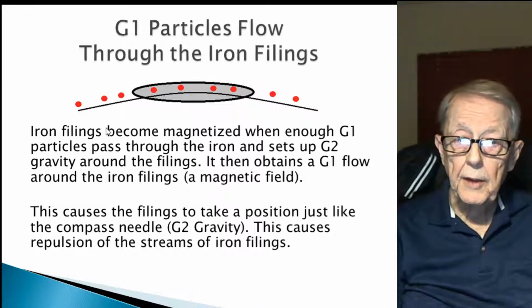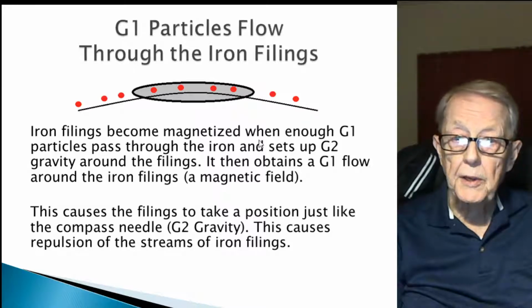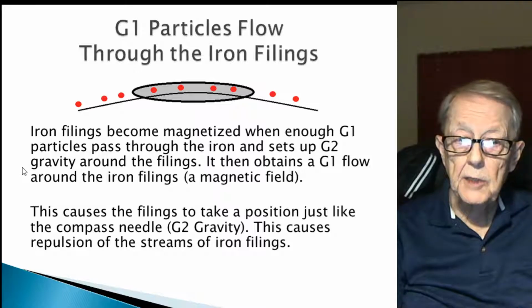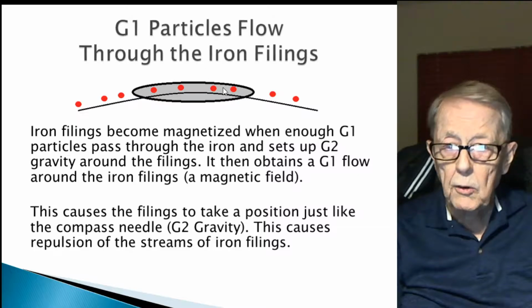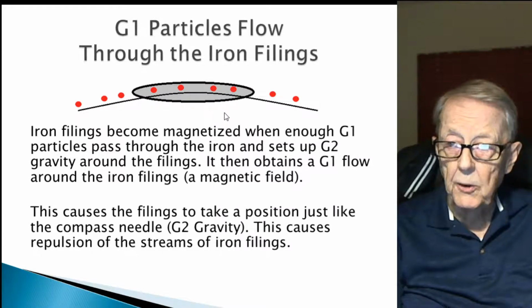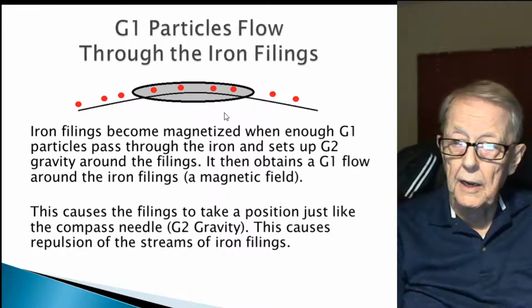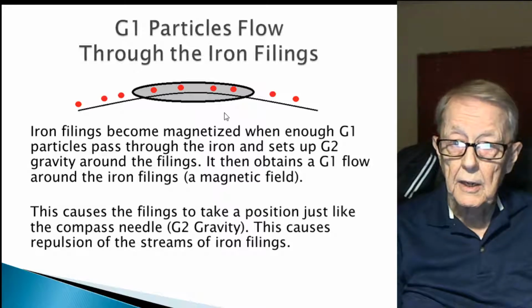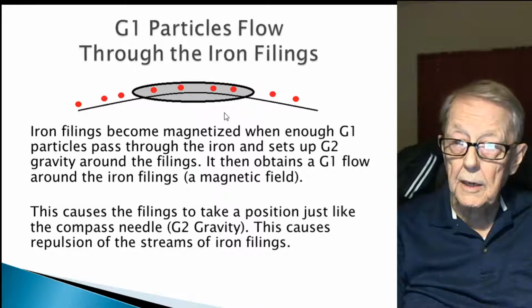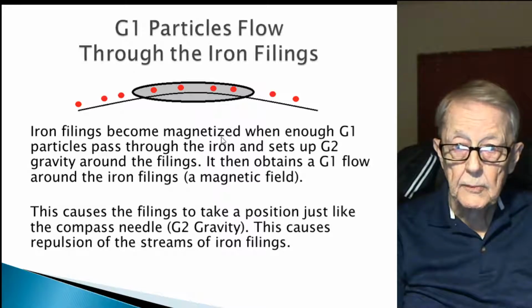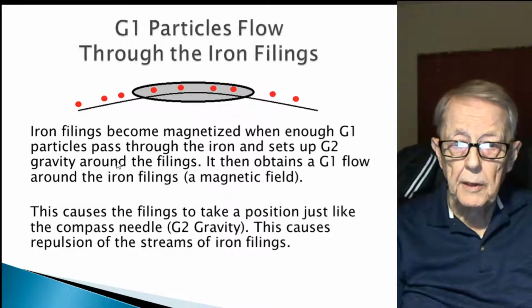The iron filings become magnetized when enough of these G1 particles pass through the iron and set up G2 gravity around this filing, or a group of iron filings. In the picture you just saw, it doesn't look like one tiny filing. It looks like a clump of them. It sets up gravity around.